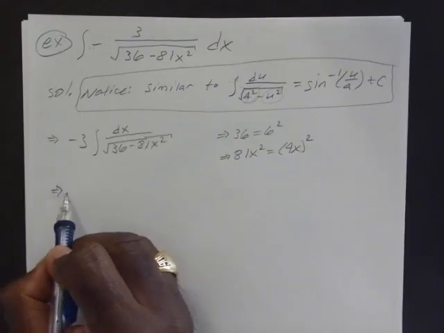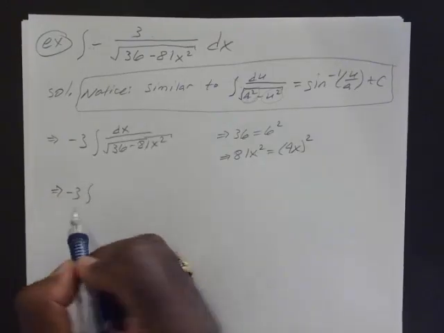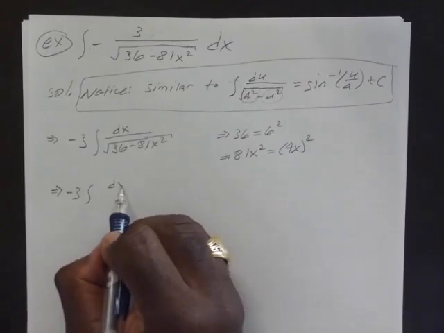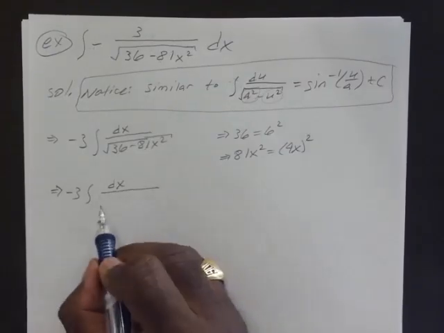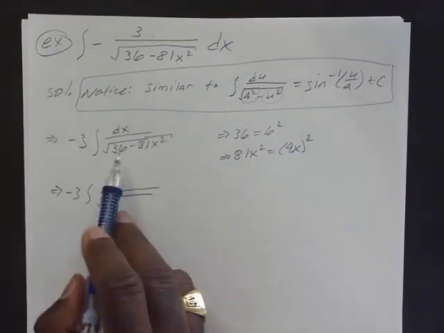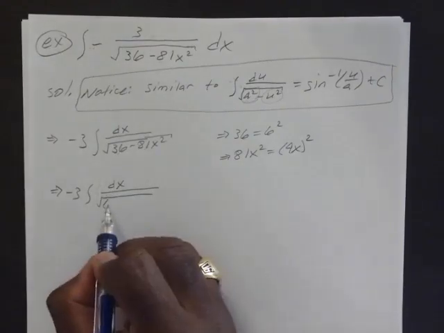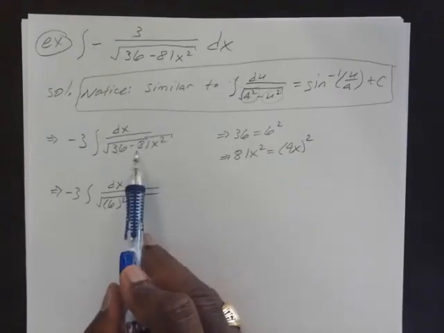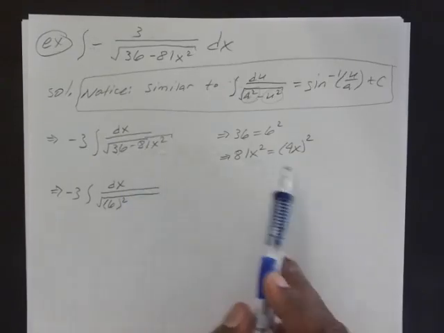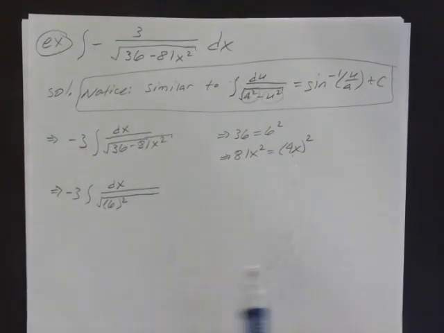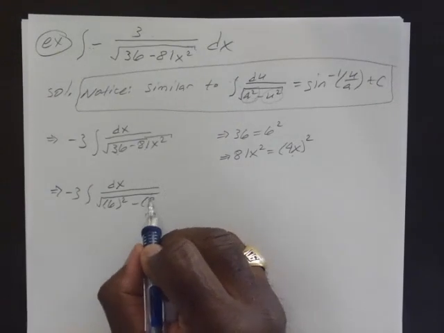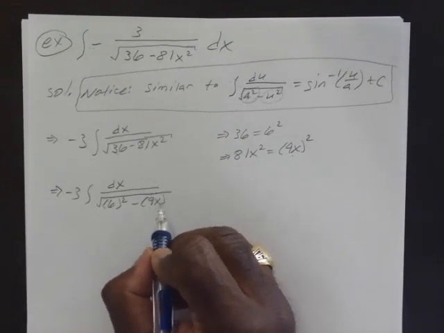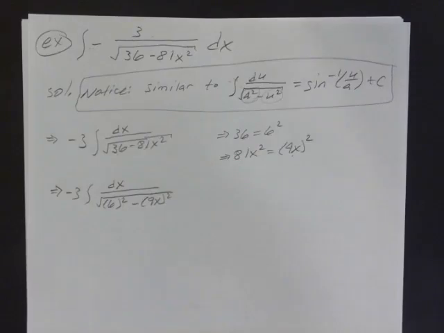So that means we can write that as -3 times the integral of dx over the square root, and instead of 36, we'll make that 6 squared, minus, instead of 81x squared, we'll just make it 9x squared. So 9x and that whole thing squared.